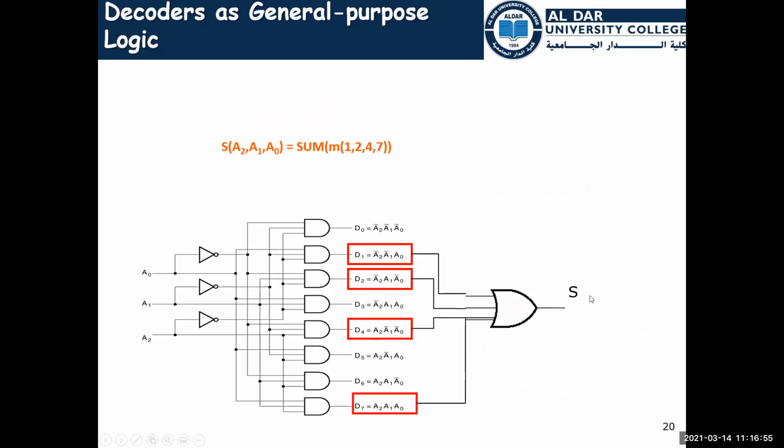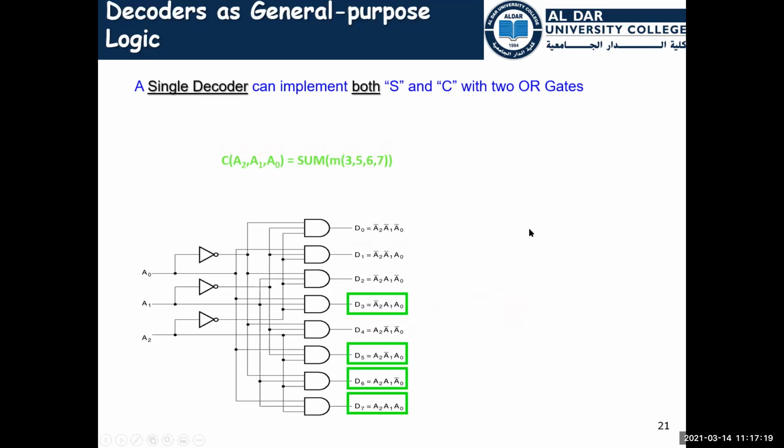And the sum is here, which is the sum of the input values. So if this is 0, 0, 1, the output will be 1 because it is the sum of the binary value. And the carry is the third minterm, which is this one, the fifth minterm, which is this one, the sixth minterm, which is this one, the seventh minterm is this one.